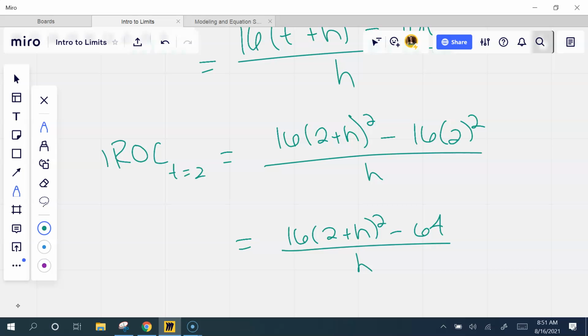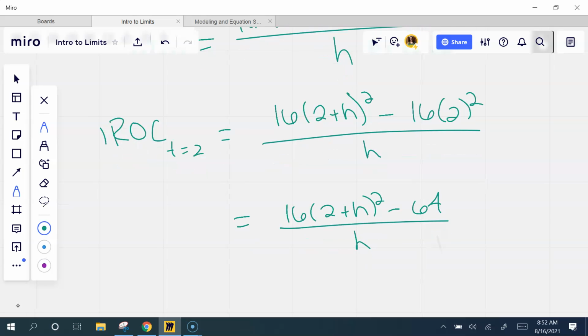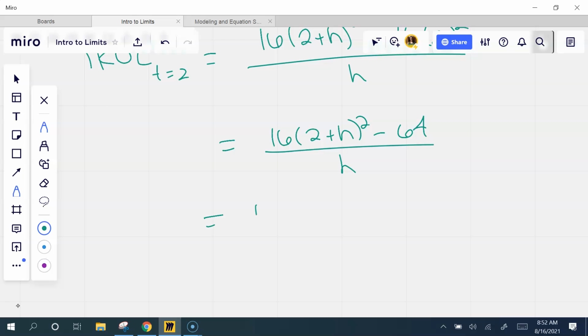Before I distribute, what do I have to do? I'm going to have to FOIL it, right? Because exponents come first. What happens if you FOIL 2 plus h, 2 plus h? 4 plus 4h plus h squared.